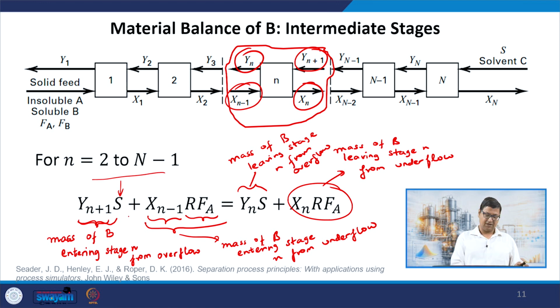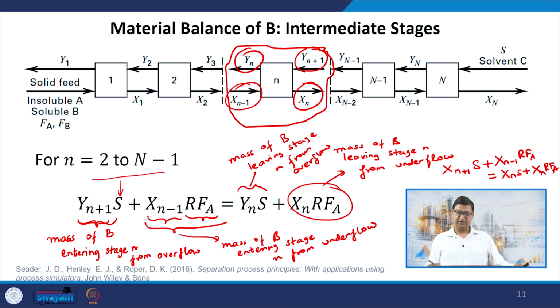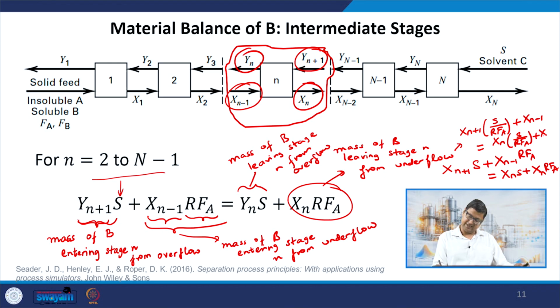If I put y equal to x, we are going to get xn plus 1 S plus xn minus 1 RFA is equal to xn S plus xn RFA, and we can divide this by RFA, and we get xn plus 1 S by RFA plus xn minus 1 is equal to xn S by RFA plus xn.